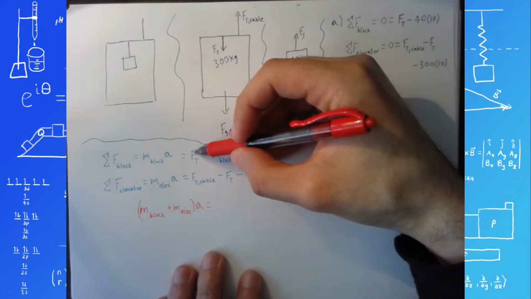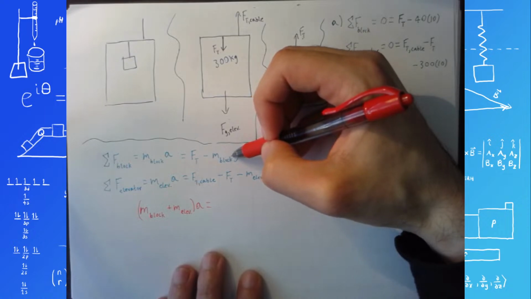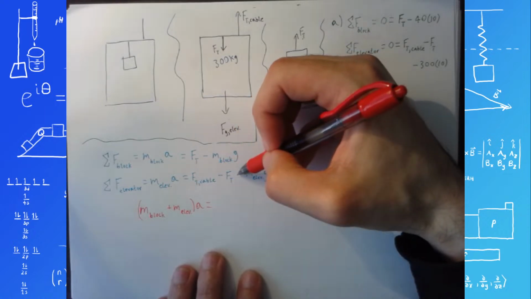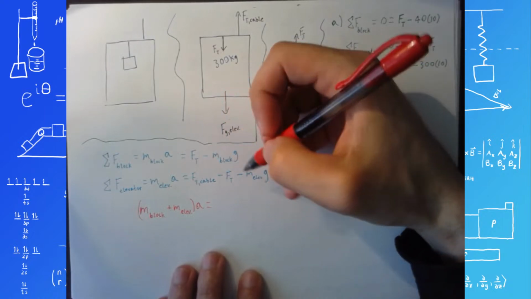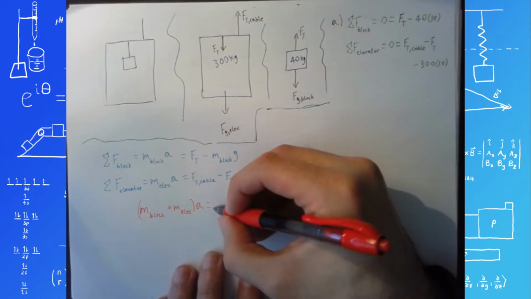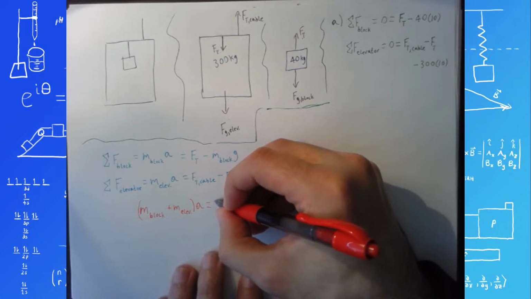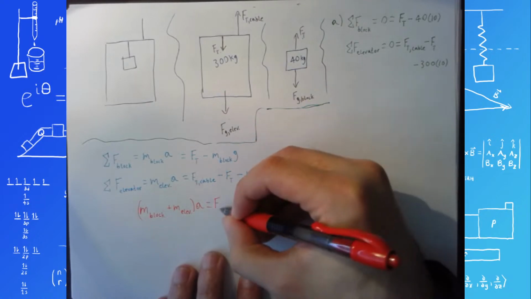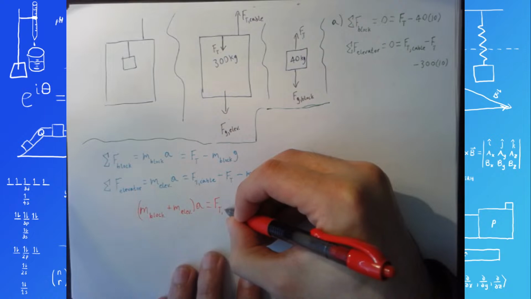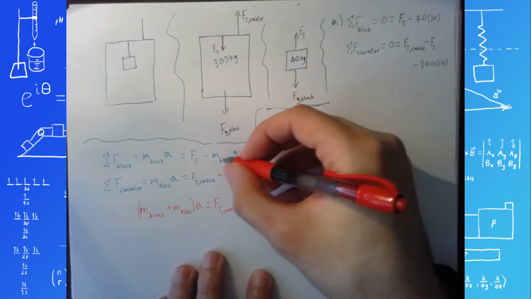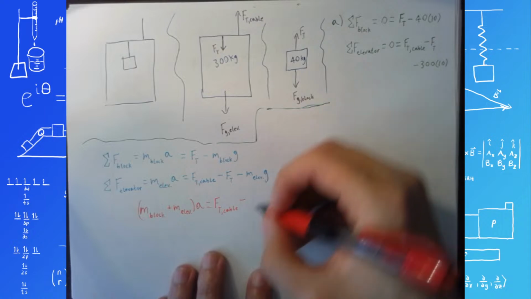let's see, force of tension minus M block G, force of tension cable minus force of tension. So these two tension forces are going to cancel out. Right, you've got force of tension in the rope and minus force of tension in the rope. So those will cancel out, and you'll just be left with force of tension in the cable minus the weight of the block and minus the weight of the elevator.